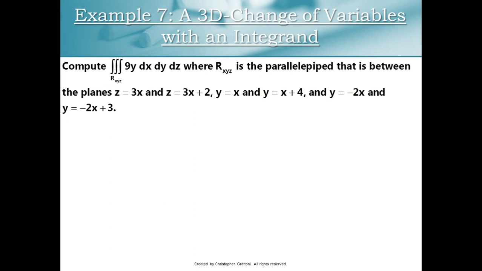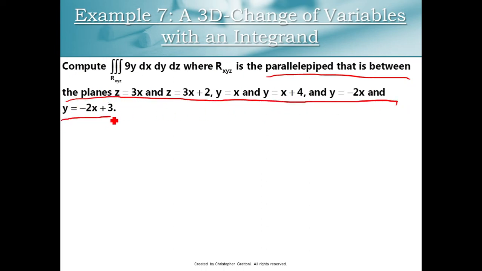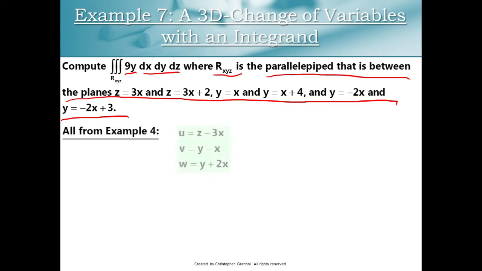And here's another example. I'm taking the same parallelepiped we had before, so I'm not really redoing all of this work over again. I'm going to reuse what I already had. So I'm going to do the triple integral of 9y dx dy dz over this parallelepiped region, this three-dimensional parallelepiped that I was already working with. So all of this is just reused from example 4.